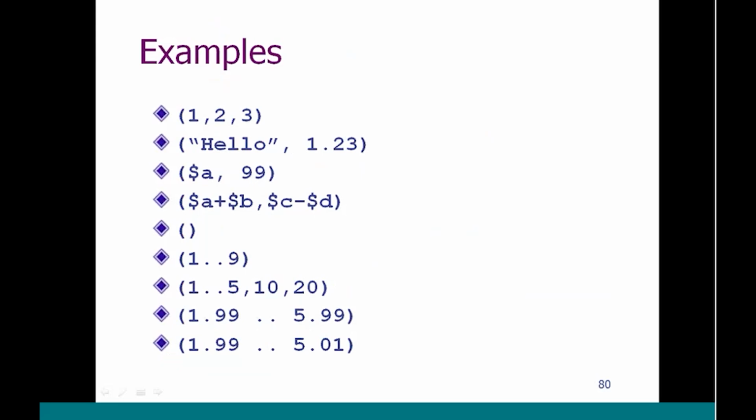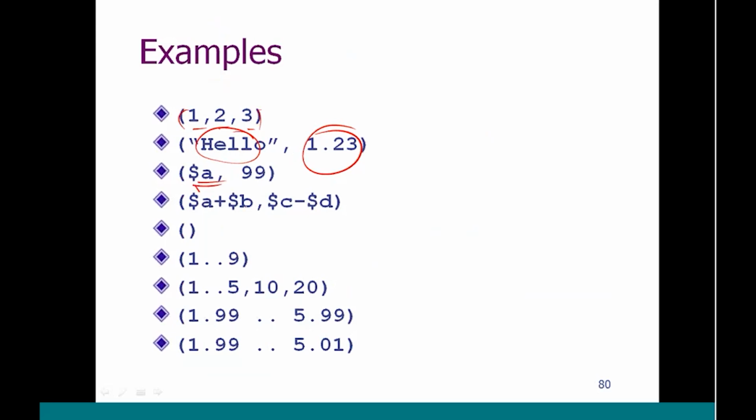So this is an array literal. Basically, it's two parentheses, and the values are enclosed within those parentheses and are comma separated. This is another array which has a string as one of the elements and a number as another element. This is another array.